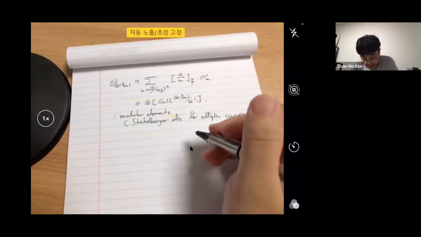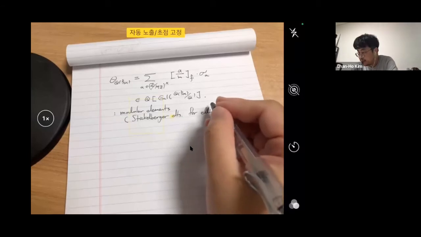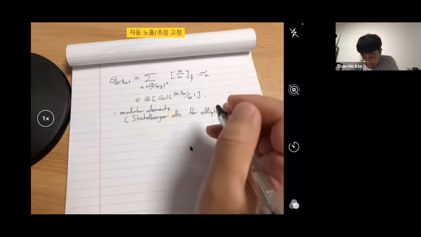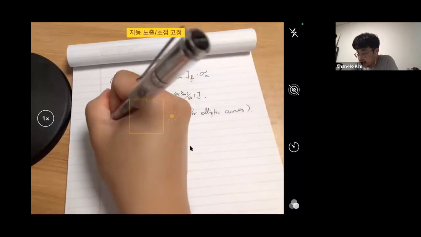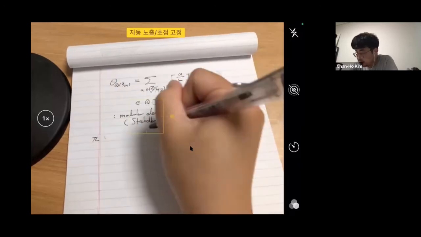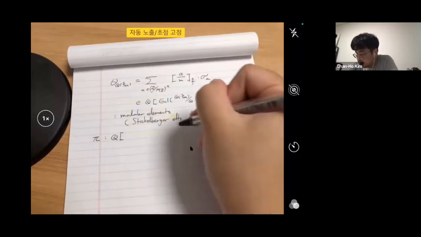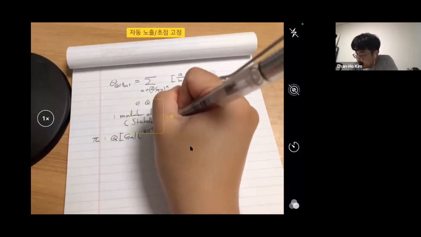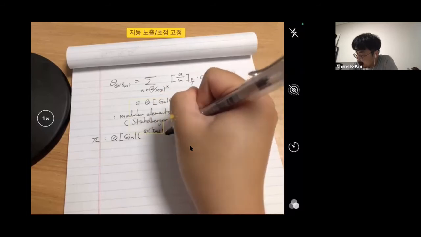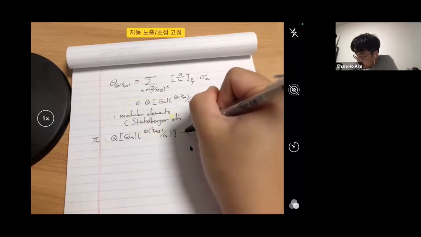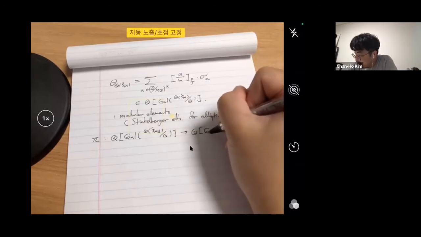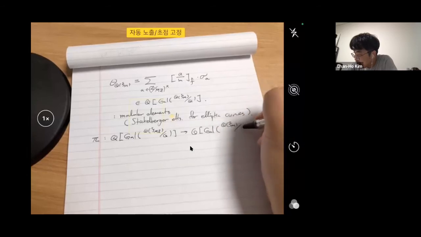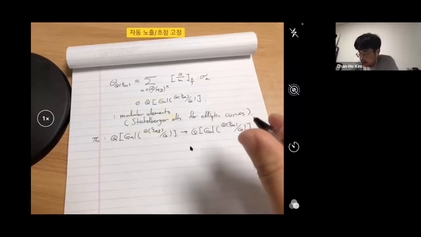And we have two maps between the group rings. The first one is a natural projection, and the other is the norm map. The natural projection map pi goes from the group ring over Q of Gal(Q(zeta_{ML})/Q) to the group ring over Q of Gal(Q(zeta_M)/Q). This is just the natural projection.